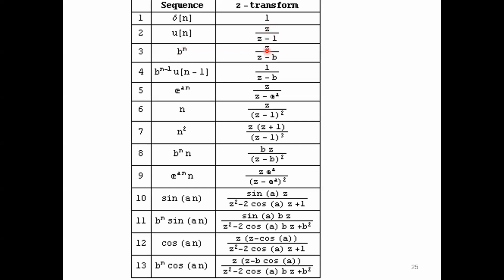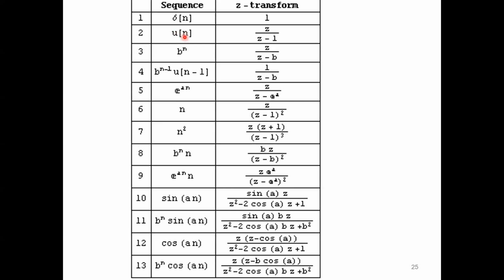And look at the pattern. z over (z minus 1) is a pulse sequence, and all of the pulses are equal height, which is 1, okay? All the samples are 1s here, right? You get this one when you sample the unit step in continuous time.